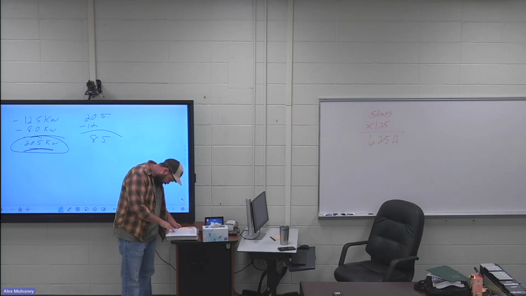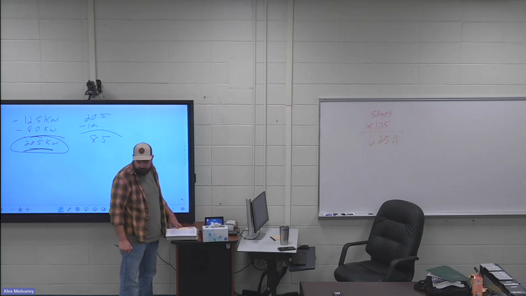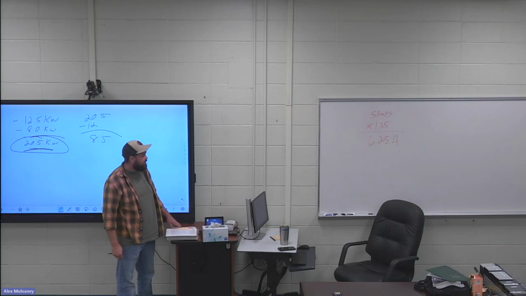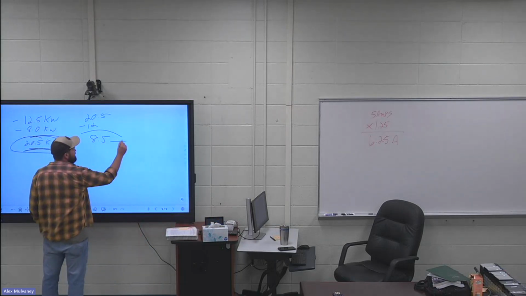See where it says shall be increased 5% for each additional kilowatt or major fraction thereof? What that means is you round. So we have 8.5 left over. What would that round to? So this rounds to 9.